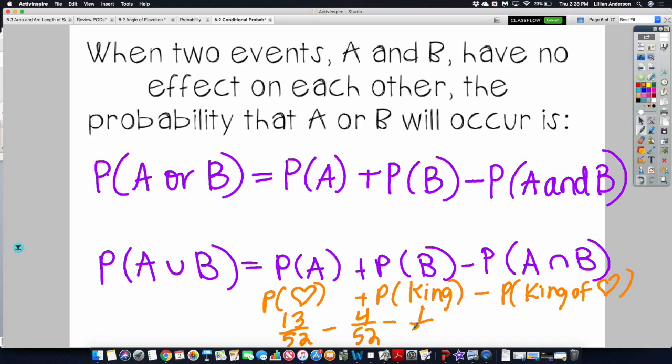So if you subtract that one card, you're taking care of the fact you counted it twice within your hearts and your kings. So the probability of picking a heart or a king is 16 out of 52, and of course that reduces to 4 out of 13. So that's an example that you can add in with these notes here.